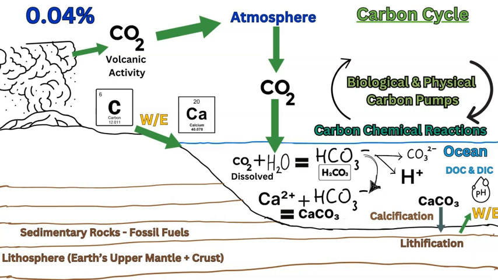For example, you have carbonic acid, H2CO3, and bicarbonate ions, which is HCO3 negative. These can dissociate or react in the ocean. So if they dissociate, you'd release free hydrogen ions, which would then lower the pH of the oceans from alkaline to more acidic, which is called ocean acidification.